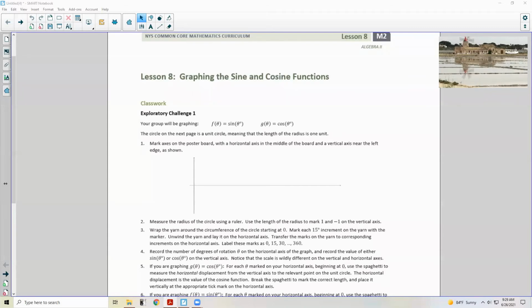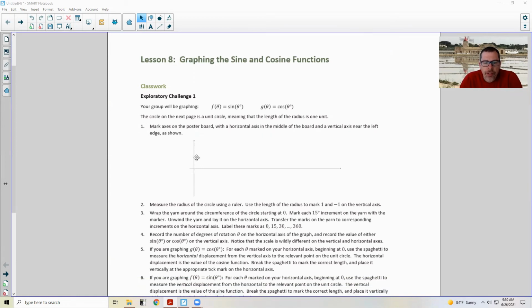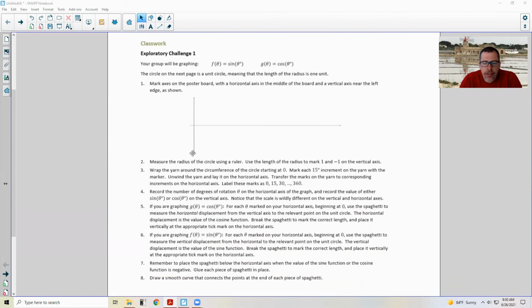Okay, Lesson 8, Graphing the Sine and Cosine Function. On page 1 of Lesson 8 is a classwork exploratory challenge where you are in your group in a classroom setting and you are asked to graph f of theta equals sine theta degrees and g of theta equals cosine theta degrees. I'm going to skip this because it is a hands-on activity.